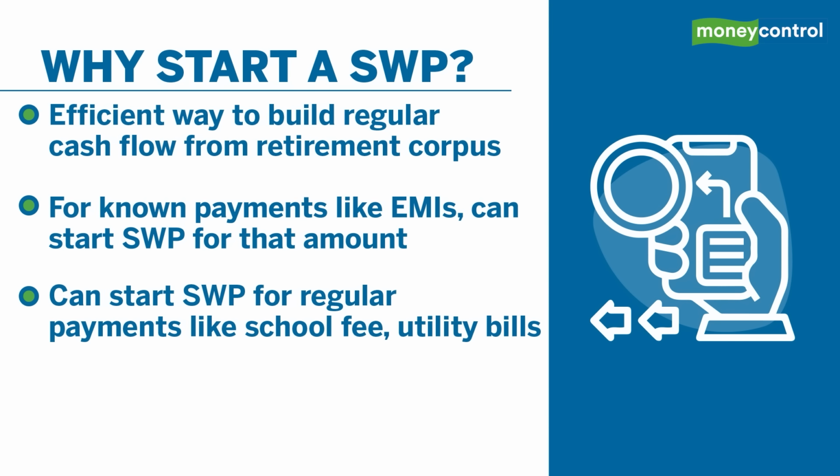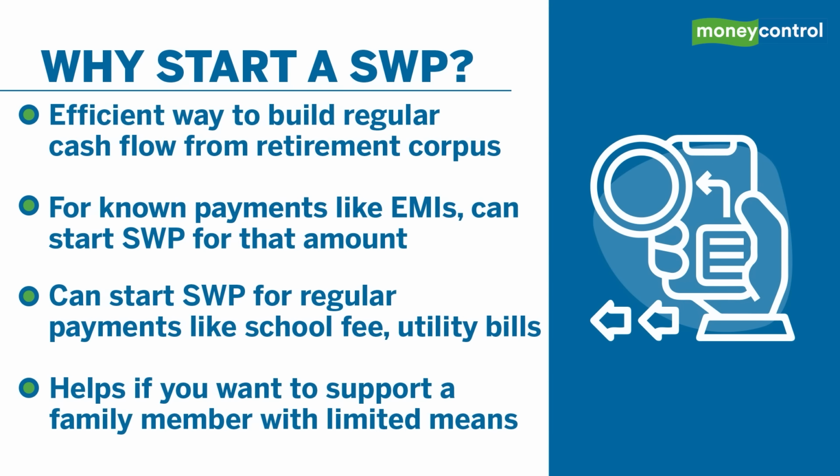Thirdly, even for regular known payments like school fees or utility bills, you can start a SWP from your liquid fund into your savings bank account. Lastly, when it comes to supporting a family member with limited means or a disability, SWP is one way to ensure that this member has some financial means on a regular basis. These are just some useful ways in which a SWP can help you and your family members.